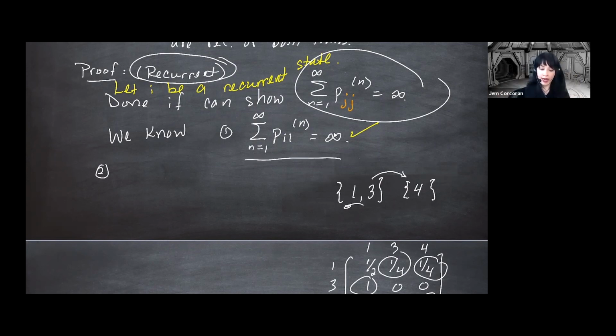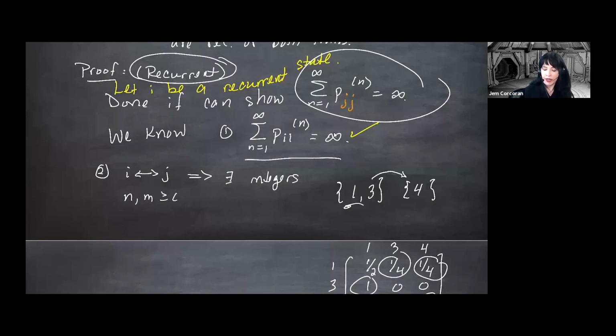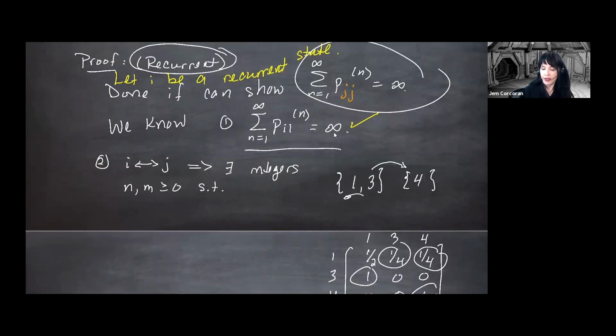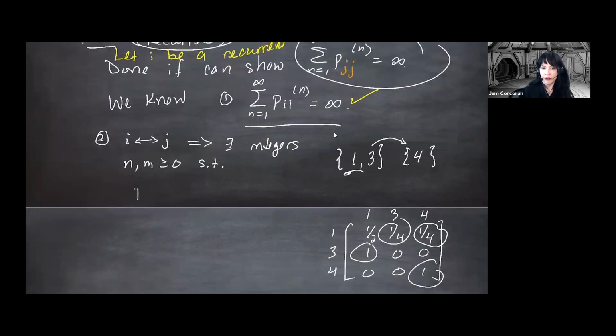Given that I'm assuming that i and j communicate, there exist integers n and m greater than or equal to 0, such that the probability I go from i to j in n units of time is greater than 0, and the probability I go from j to i in m units of time is greater than 0.